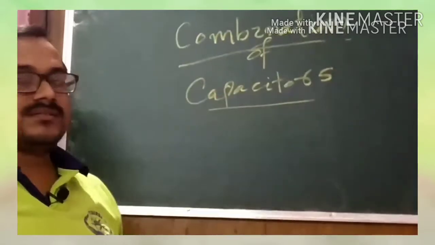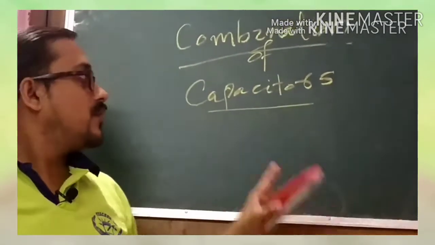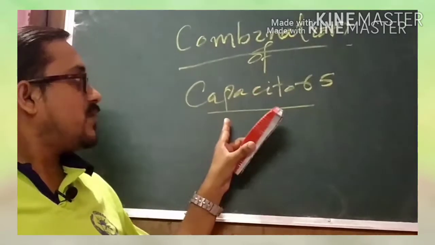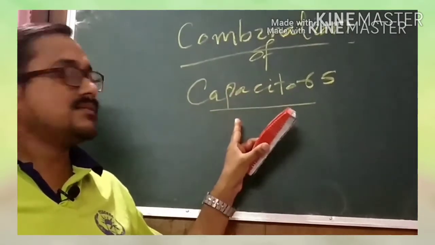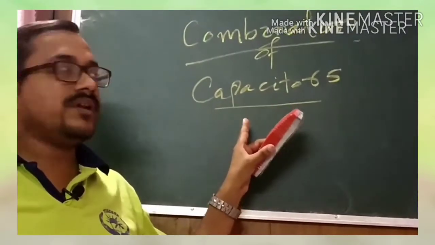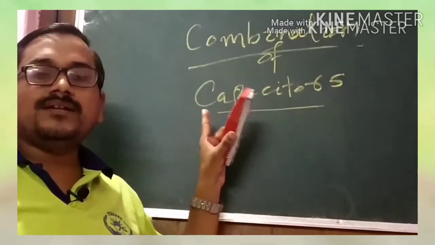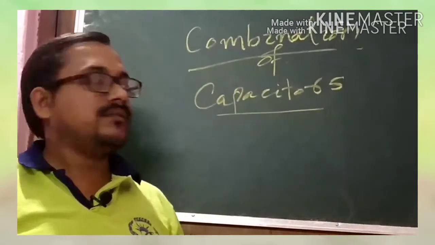Today we are going to discuss the combination of capacitors, or how a group of capacitors can be arranged. The combination of capacitors can be explained in two ways.